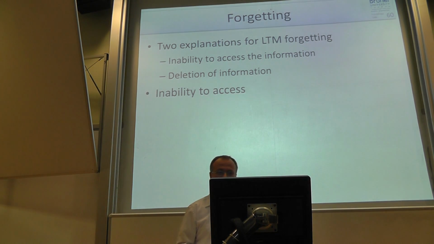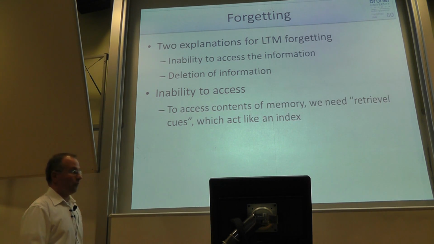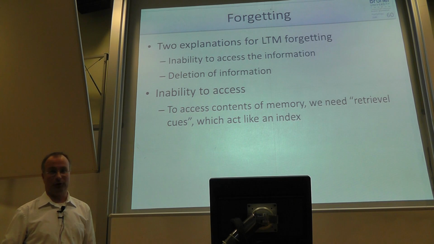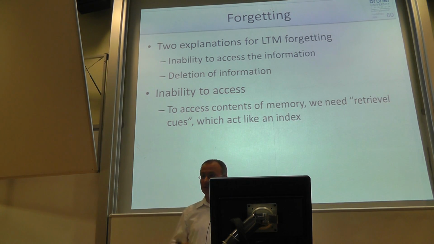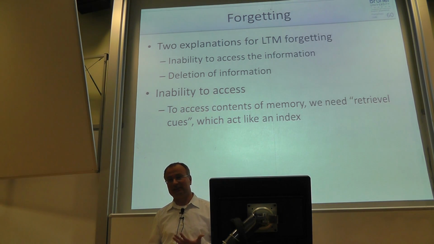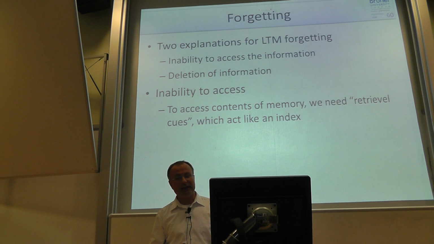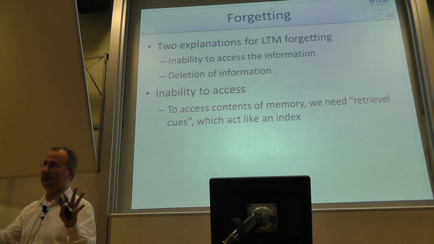So let's first have a look at the ability to access the information. What has been shown, and we're quite sure, is that to access the contents of our long-term memory, in particular of our semantic and declarative memory, we need retrieval cues, which act like an index to find it.